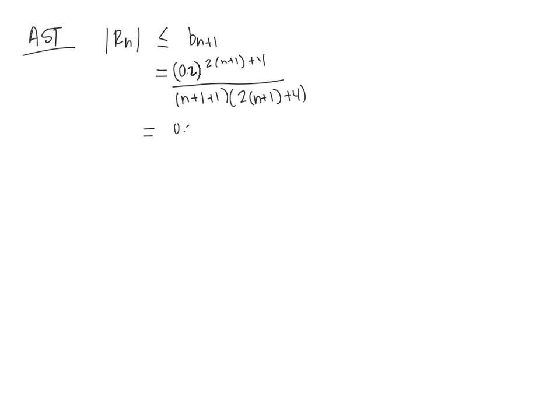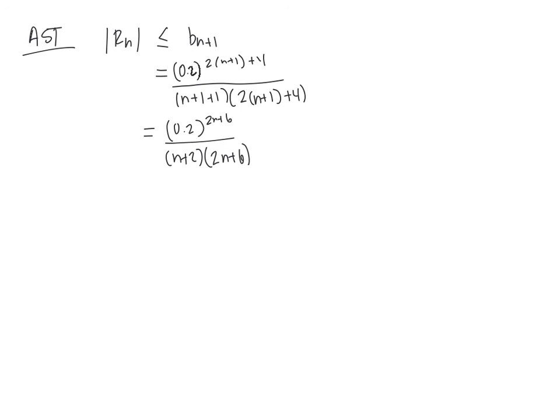Or 0.2 to the power of 2n plus 6. In the denominator we have n plus 2 and 2n plus 6.